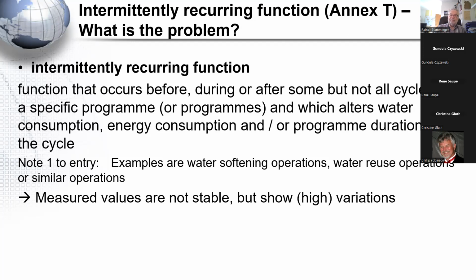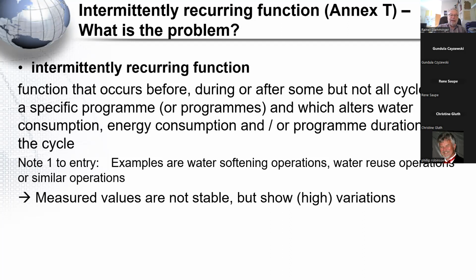So this is a definition from the 6th edition. A function that occurs during or after some, but not all cycles of a specific program, and which alters water consumption, energy consumption, or program duration for the cycle.